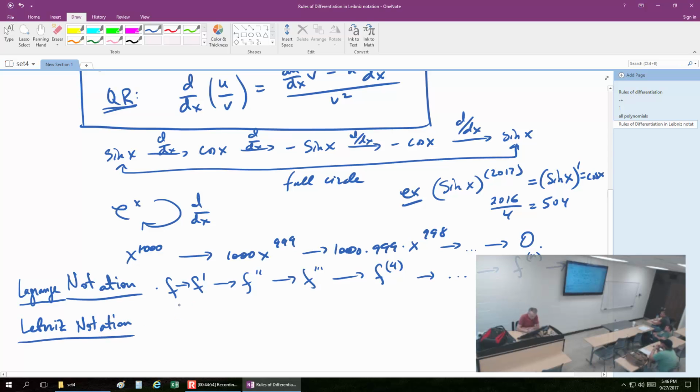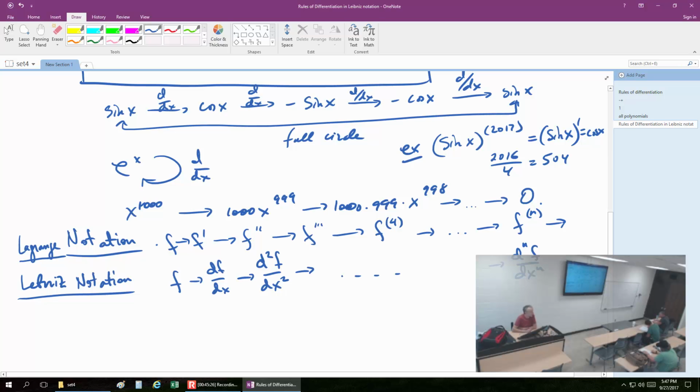Okay, Leibniz notation. So f to d of dx. Then the second derivative is slightly weird. The power goes up, and there is an explanation of the notation in this formula. The second derivative can be computed with one limit rather than taking two limits.